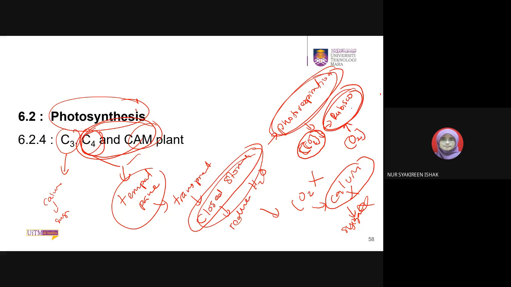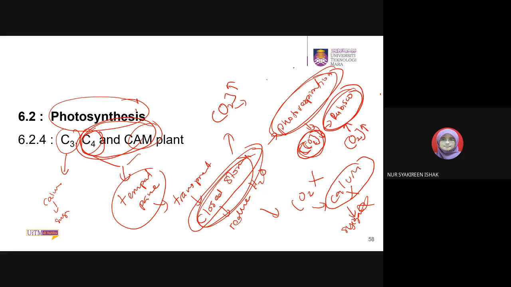So Rubisco will bind to oxygen when oxygen concentration in the leaf is high compared to carbon dioxide. Kenapa bila stomata ni tutup, oxygen concentration is high? Sebab oxygen is the byproduct of light reaction. Ingat tadi kan?